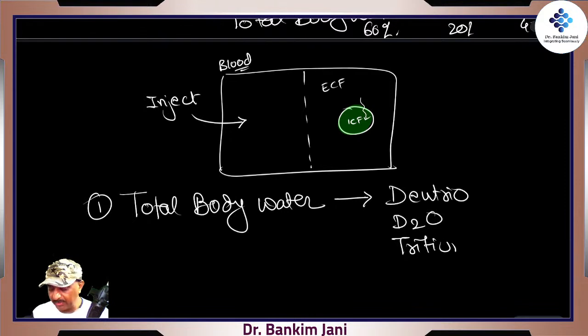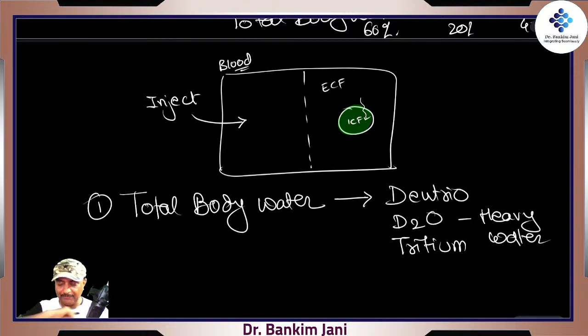These are all very special substances. What they will do, they will go everywhere. They will enter into ECF, interstitial fluid, even the intracellular fluid. So when you measure this concentration, you will know the total body water.